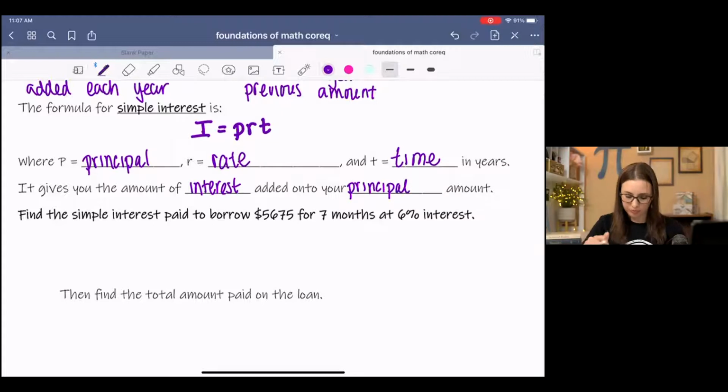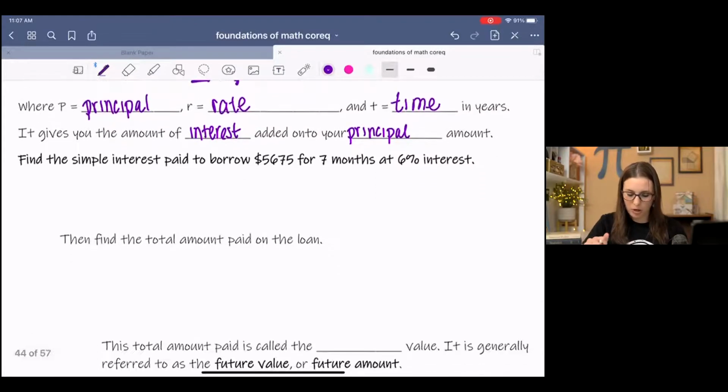So for example, we're finding the simple interest paid to borrow $5,675 for 7 months at 6% interest. There's key information here that we want to pay close attention to that is going to set up our equation.